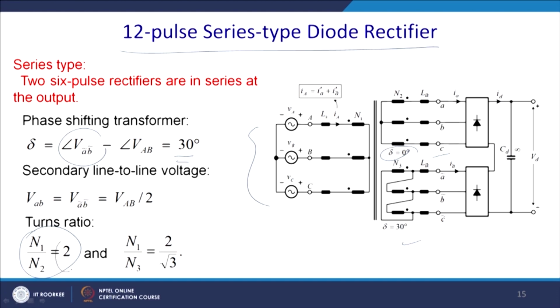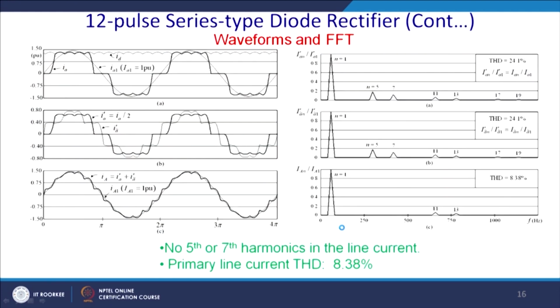For this reason the ratio is required to be 1 by 0.866, rather N1 by N2 required to be 2 by 1.732. So it will be a little higher than 1. In that way you fix up the winding.